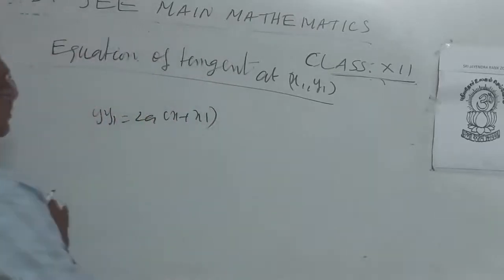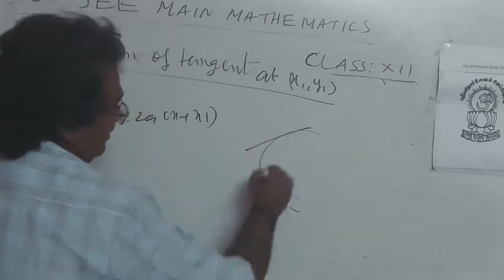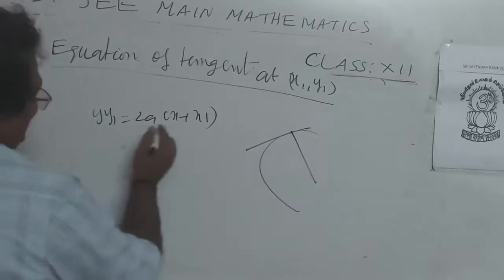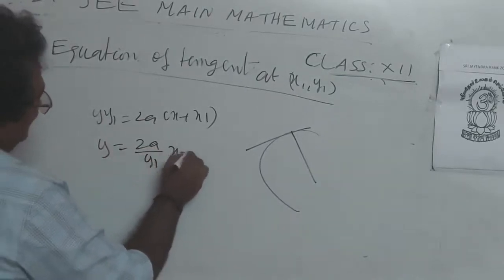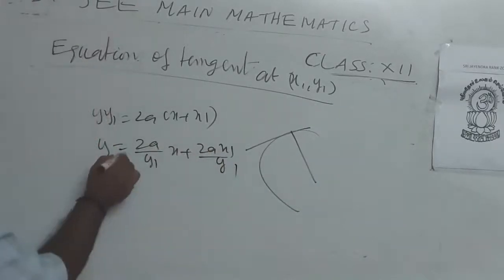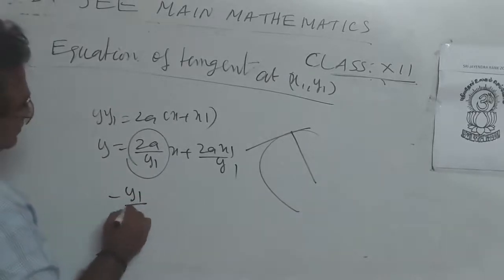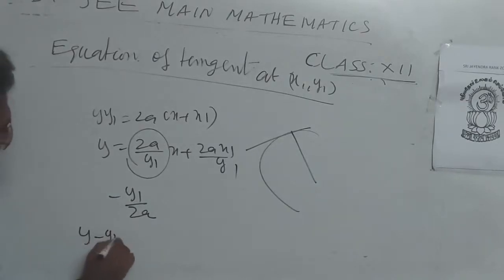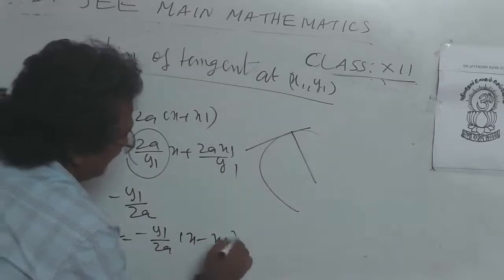So the tangent at x1 y1 is y y1 equal to 2a into x plus x1. The normal is perpendicular to the tangent. You can find the slope of the tangent: y equal to 2a by y1 into x plus 2a x1 by y1. This is the slope of the tangent, so the slope of the normal is minus y1 by 2a. Y minus y1 equal to minus y1 by 2a into x minus x1.